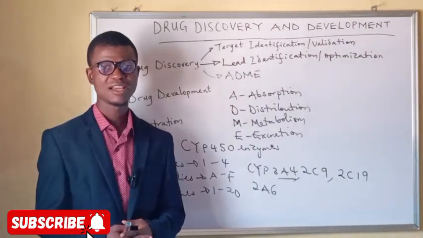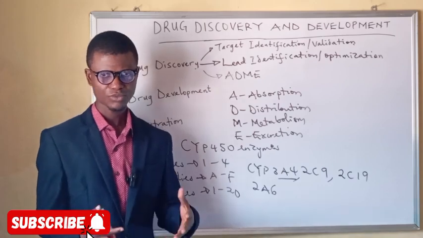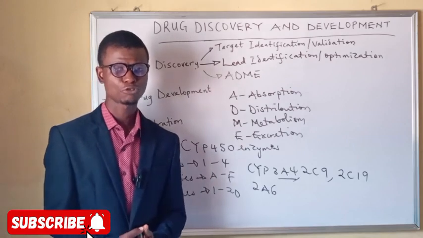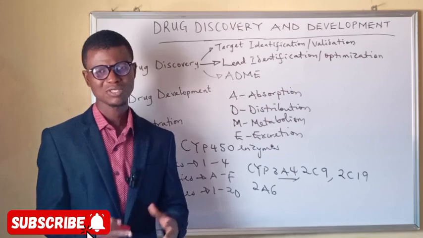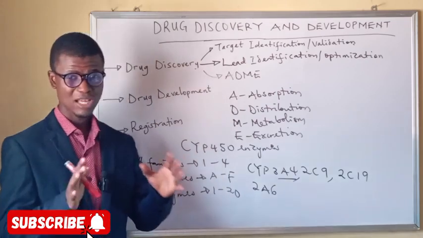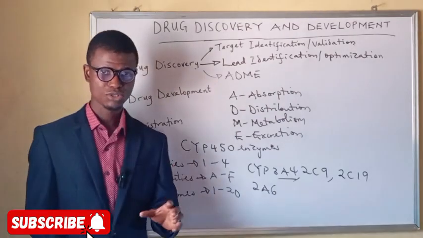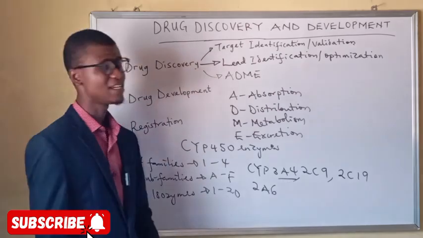Now, this is where the physician or the pharmacist would ask one not to use certain kinds of drugs in addition to other drugs, or not to eat certain kinds of foods. That is to avoid drug-drug interaction, because there are some drugs that can inhibit, for instance, the 3A4.